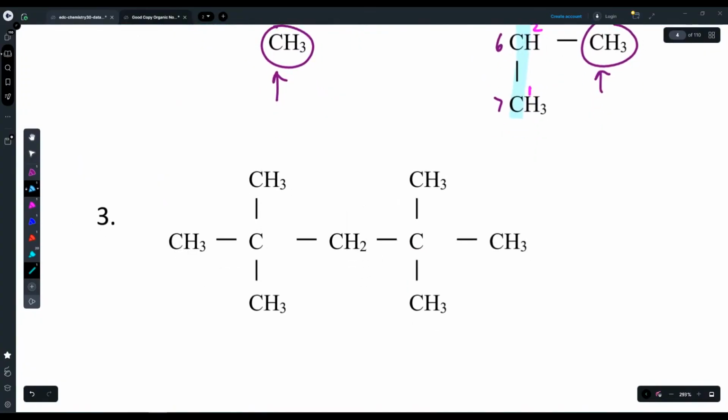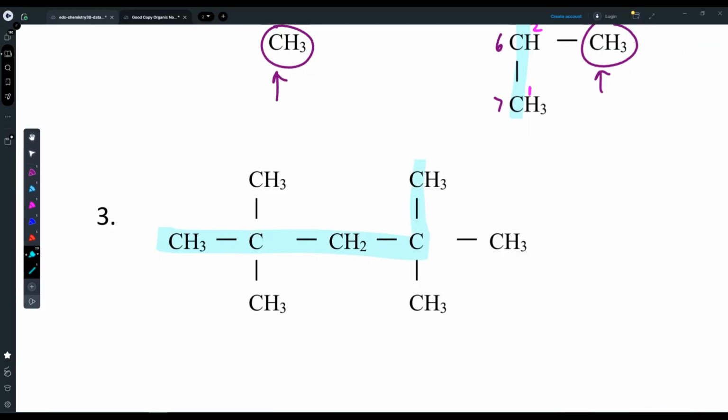Okay, let's move on to the next one. So this right here, that is going to be our longest continuous chain of carbons here. Now, could I have also gone like this or like this?